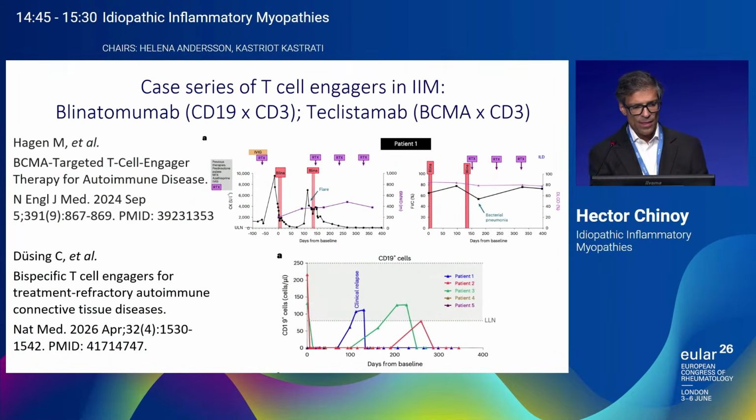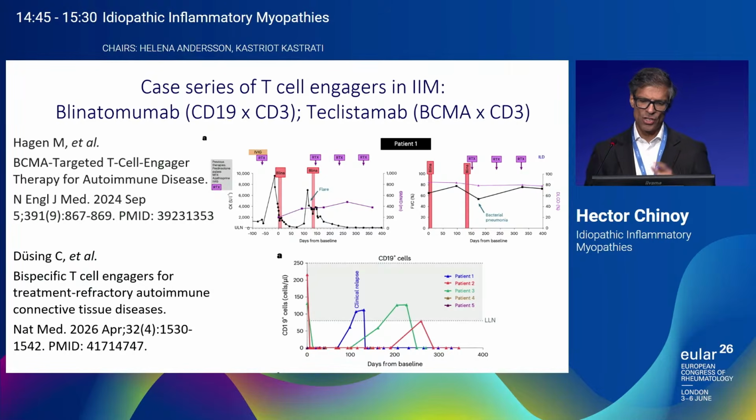So there are 2 interesting case series of T-cell engagers in IIM, one of which used teclistamab, and the other one has just been published in Nature Medicine in April. It was a study of teclistamab in systemic sclerosis and 5 patients with JO1 who received low-dose blinatumomab.